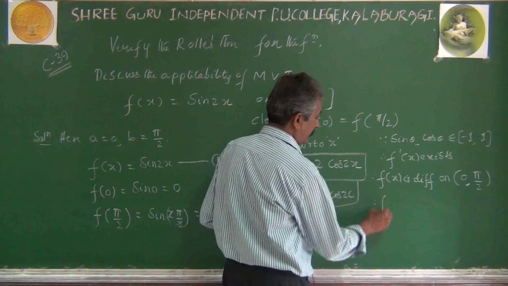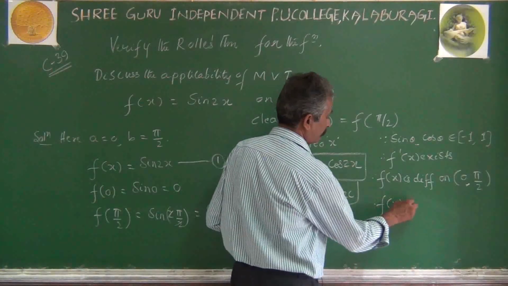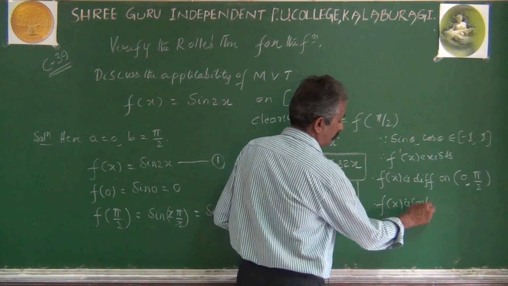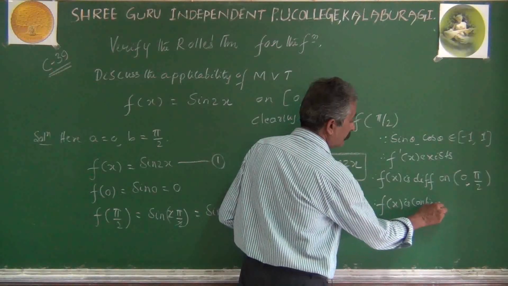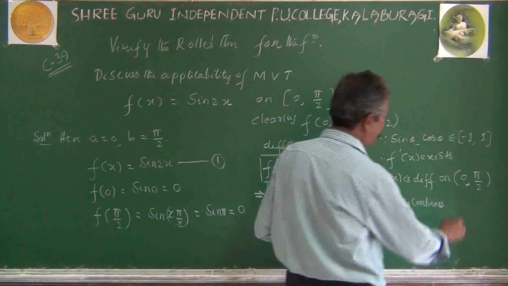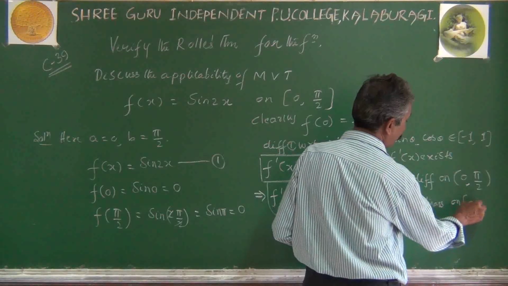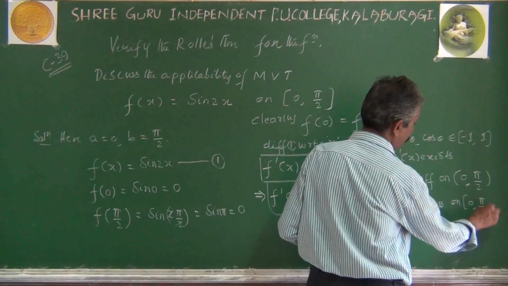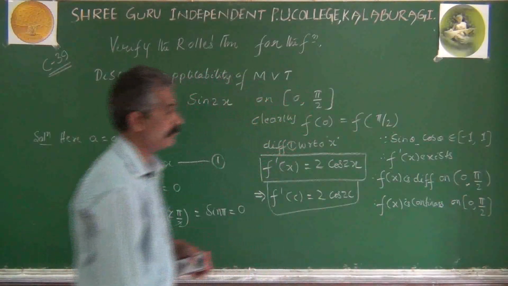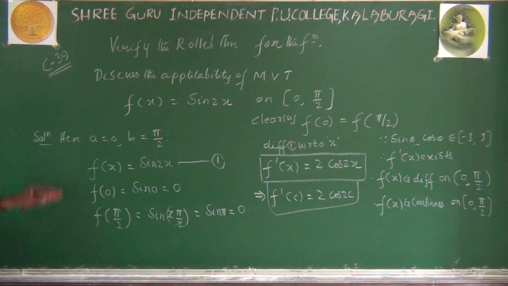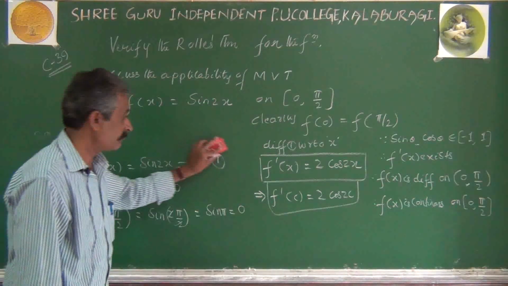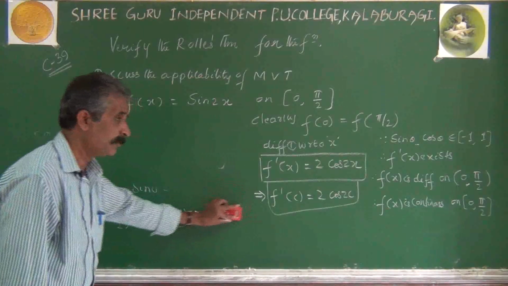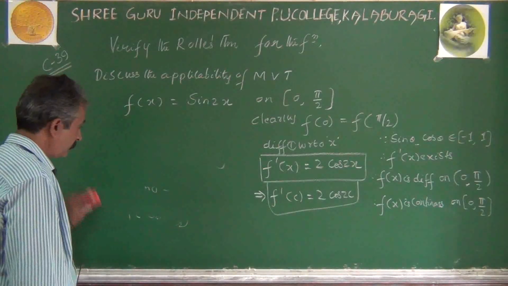Therefore, f x is continuous on the closed interval 0 to pi by 2. As all the conditions of Rolle's theorem are satisfied, now we are free to apply Rolle's theorem.